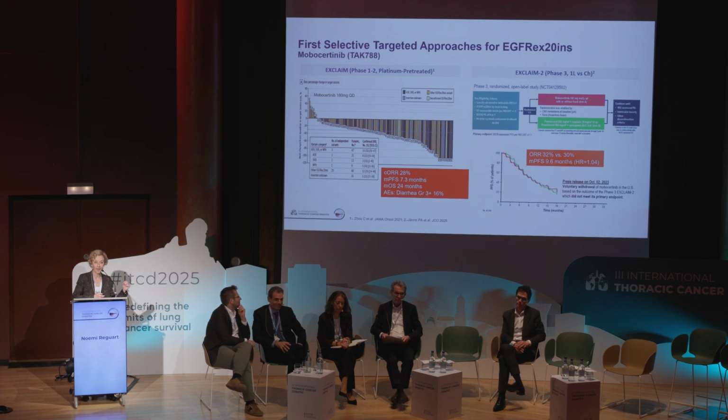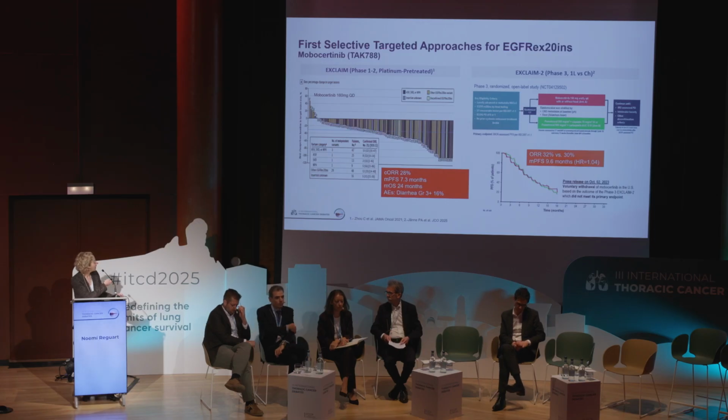The first one that reached approval for this subset population, although for a very short time, was mobocertinib. Mobocertinib was a very nice tyrosine kinase inhibitor, highly selective for exon 20 insertions.